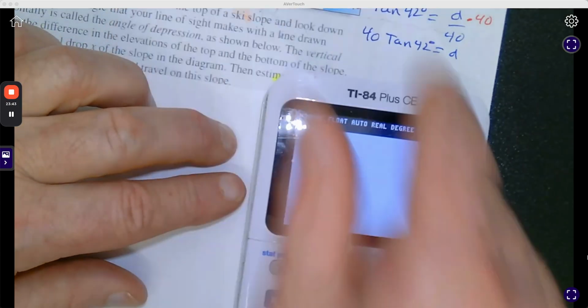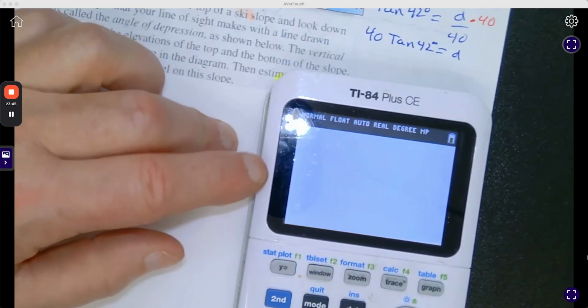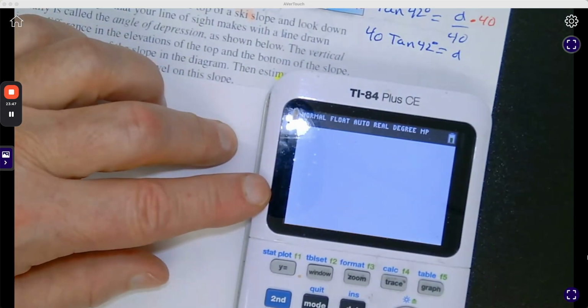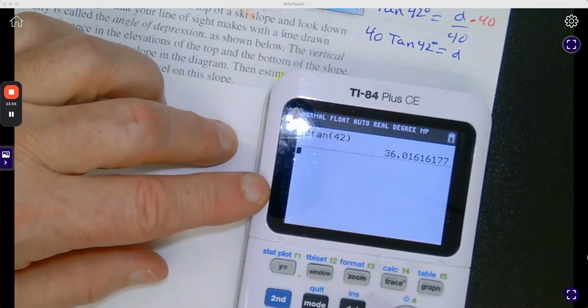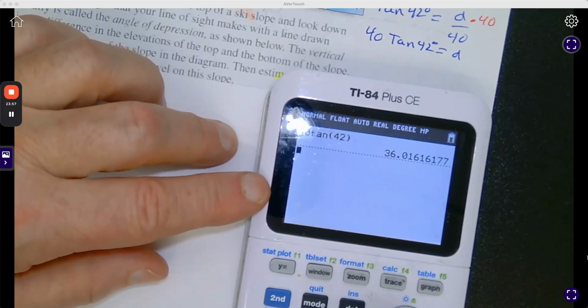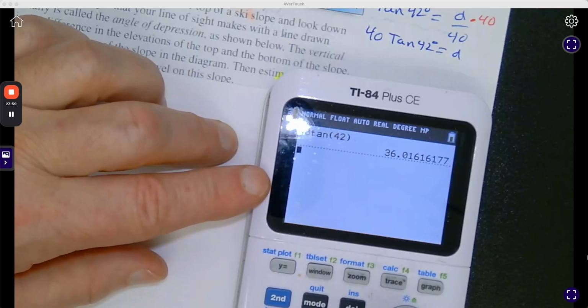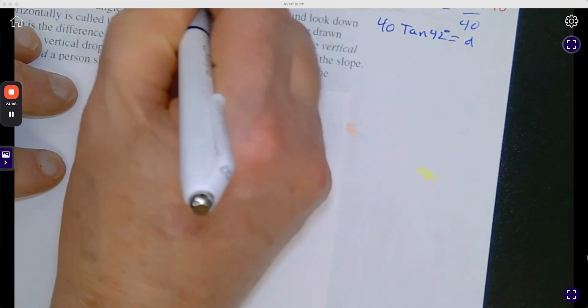It's going to be a little bit less than that, like 38.9. All right, 40 tan of 42. 36, that was way off. They didn't tell me how to round, so let's round to the tenth like we did the other problem. So 36.0. So D is equal to approximately 36.0.